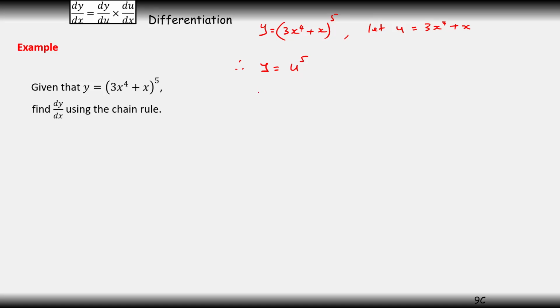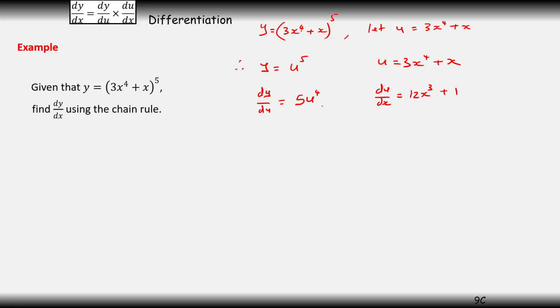Now I can differentiate y, dy with respect to u, and that's going to be equal to just a normal differentiation, 5u to the power of 4. Now we've said that u is equal to 3x to the power of 4 plus x. So if I differentiate u with respect to x, du over dx is equal to 4 times 3, so it'd be 12x to the power of 3 plus 1.